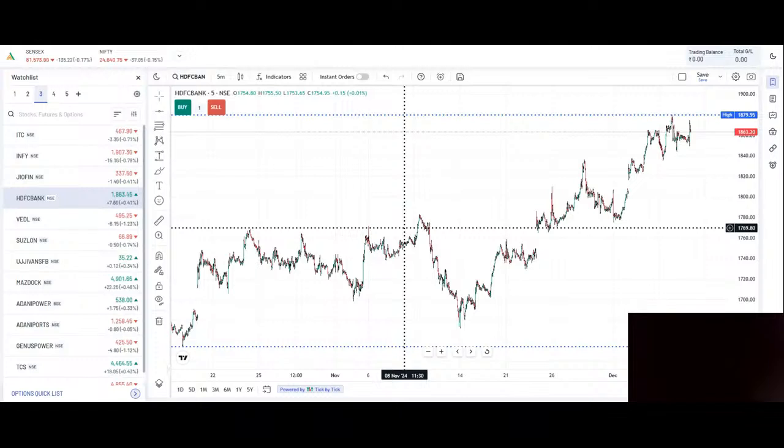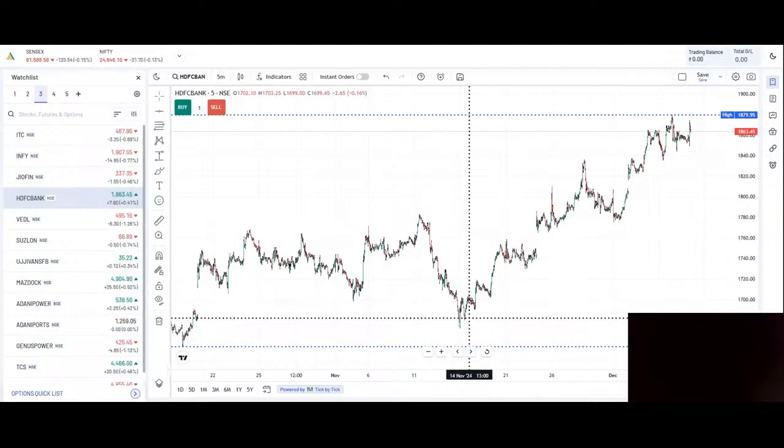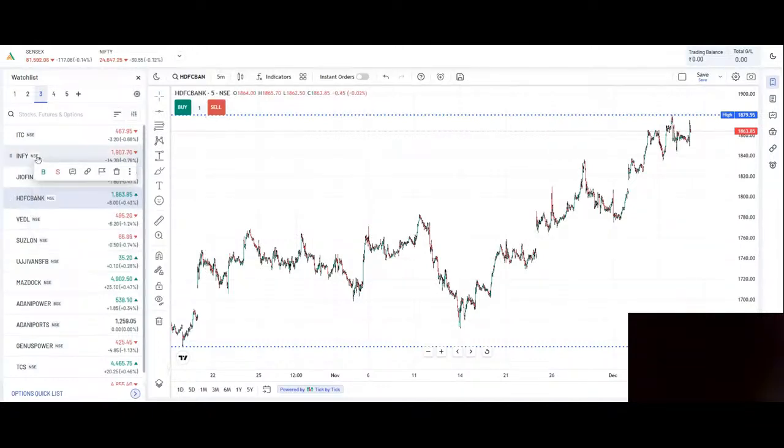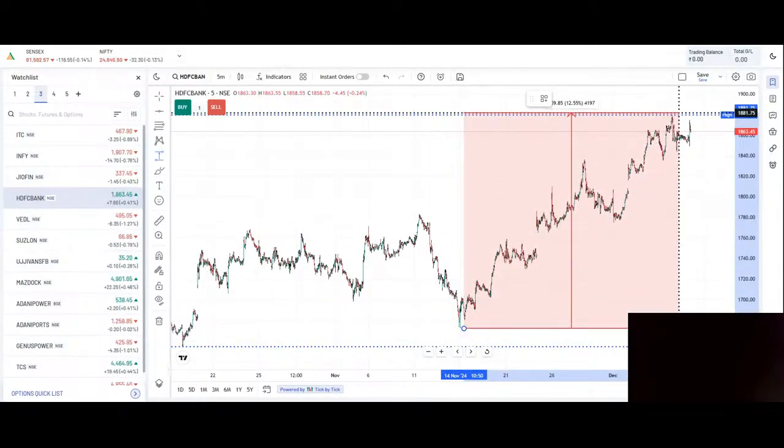When it is not falling along with Nifty in proportion to Nifty, then when Nifty goes up, it will definitely have an extra kick to it. And now see, Nifty has not given you that much of a move, but HDFC Bank has given it to you.